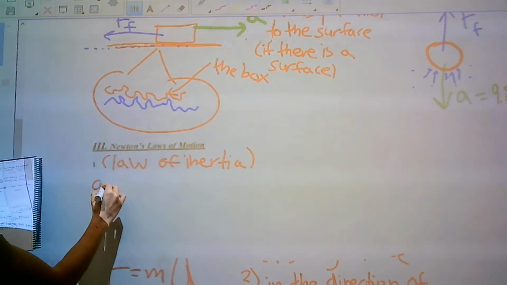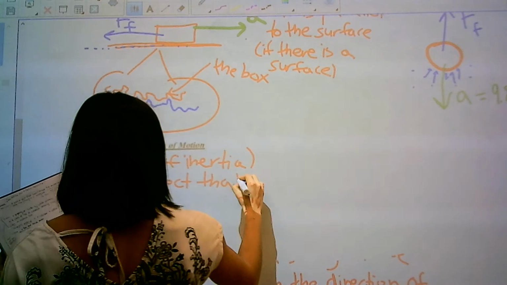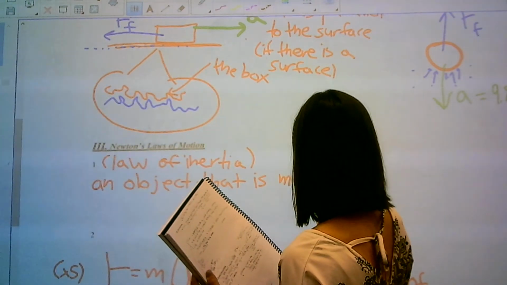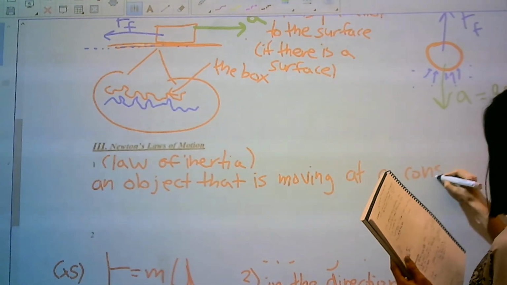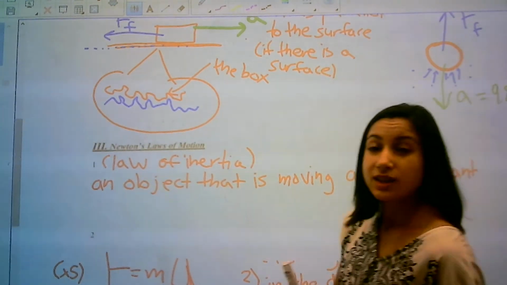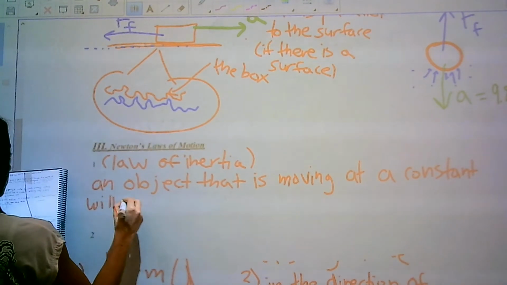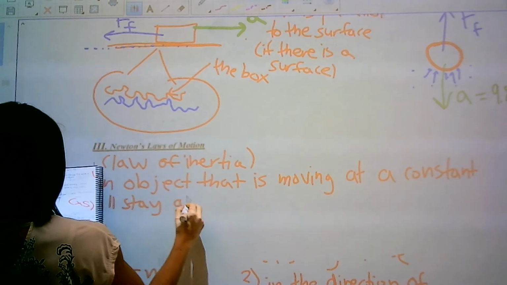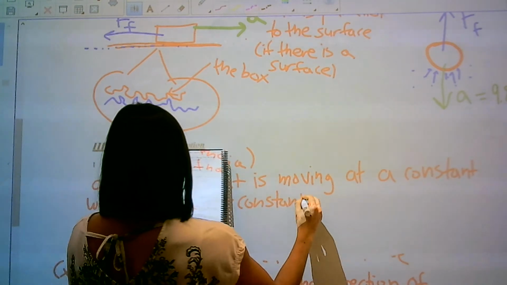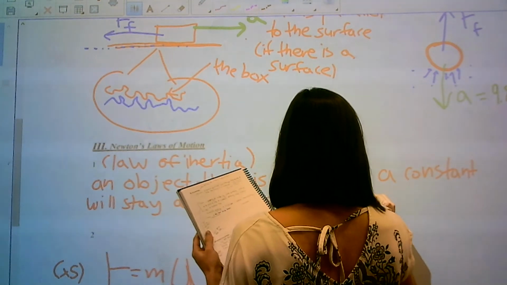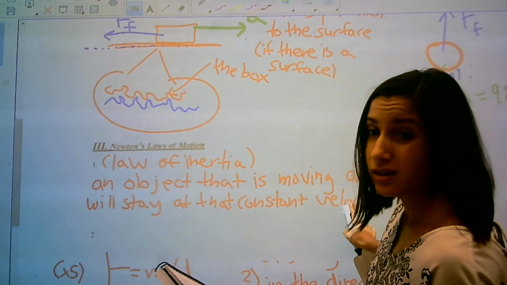So the first law states that an object that is moving at a constant velocity is going to stay at that constant velocity unless it's acted upon by an outside force.